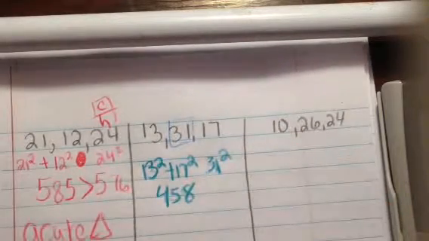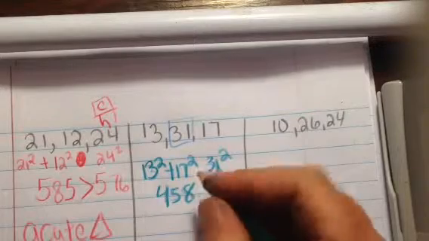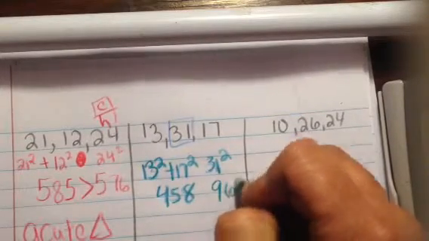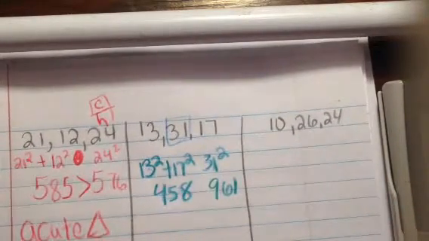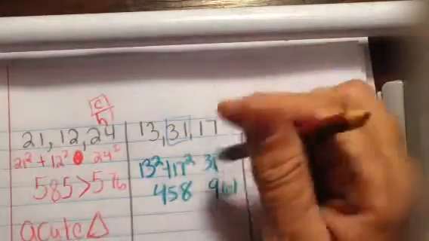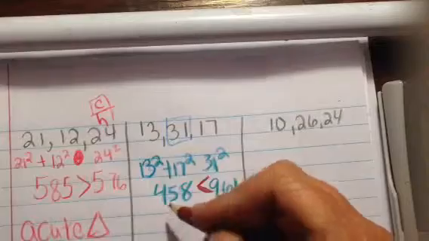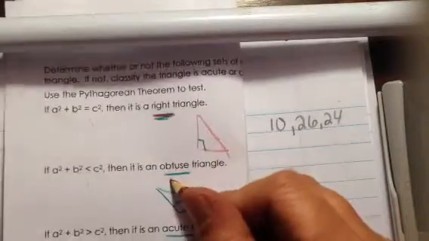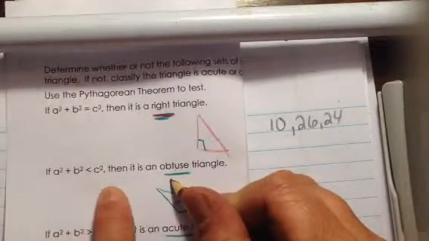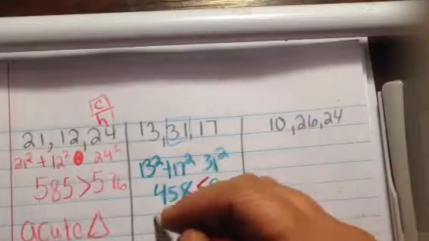That side is 458, and 31 squared is 961. So 458 is less than, which would make it the legs less than the hypotenuse, an obtuse triangle.